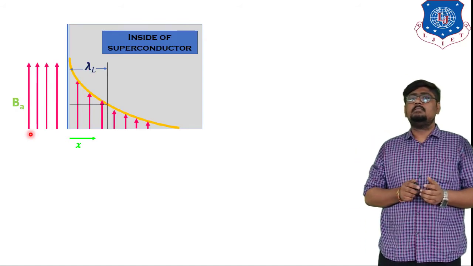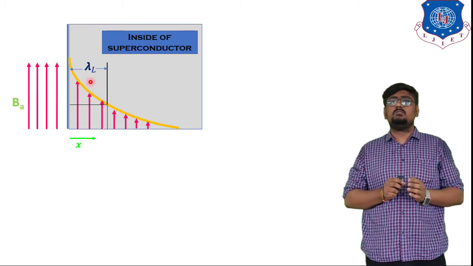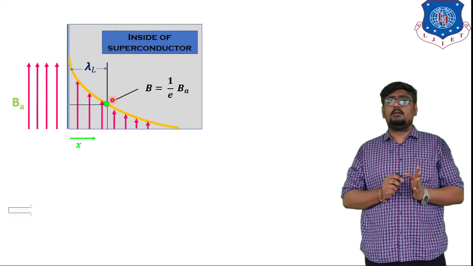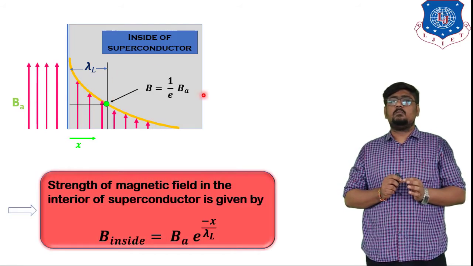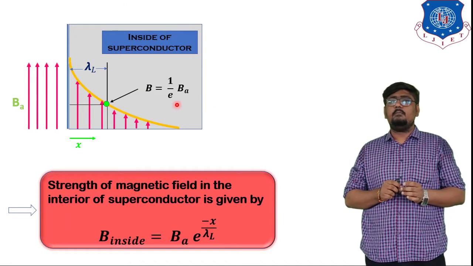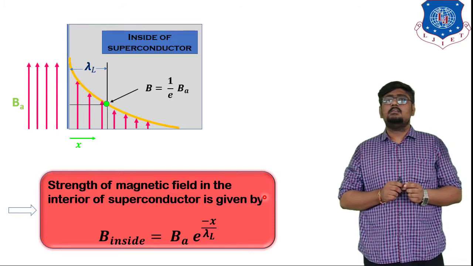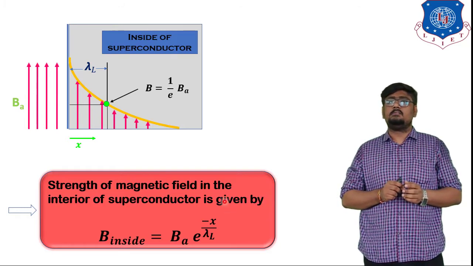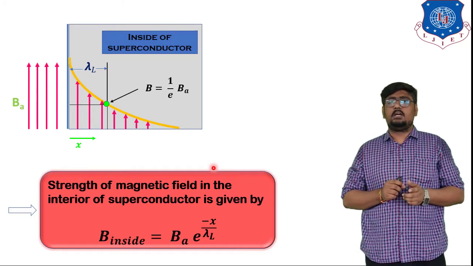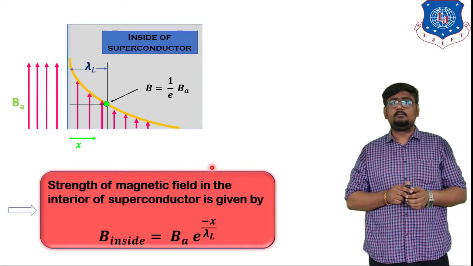Lambda L is the distance across which the magnetic field becomes e times weaker, which is formulated as lambda L equals the square root of m by mu 0 n q squared, where m is the mass of the charge carriers, n is the number density, q is the charge, and mu 0 is the absolute permeability.